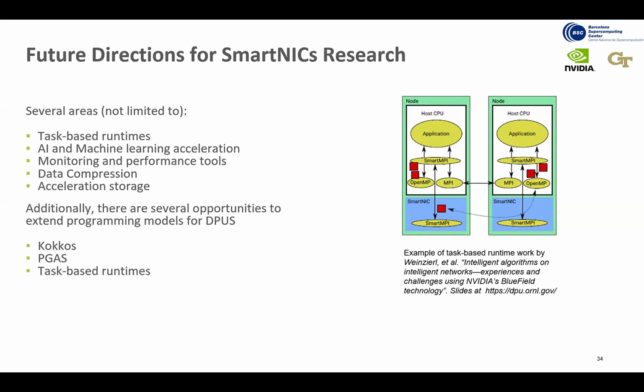In addition, there are opportunities to do more research in terms of programming them. In this tutorial we'll focus on MPI and OpenMP offload, but there are other programming models that can build on top of them, for example Kokkos and PGAS models like OpenSHMEM and so on. Let's go to the next slide.